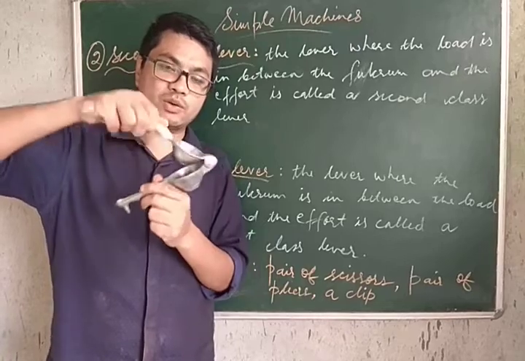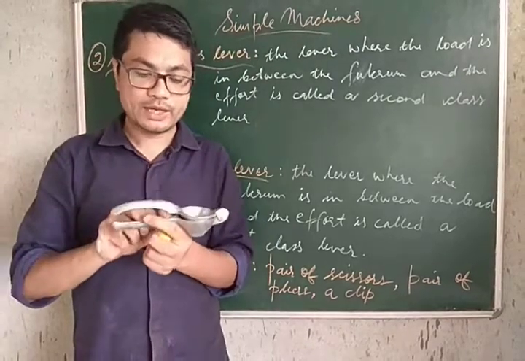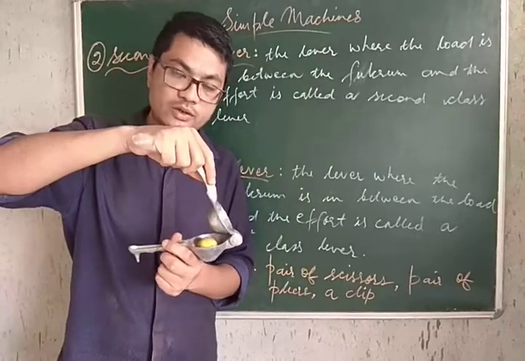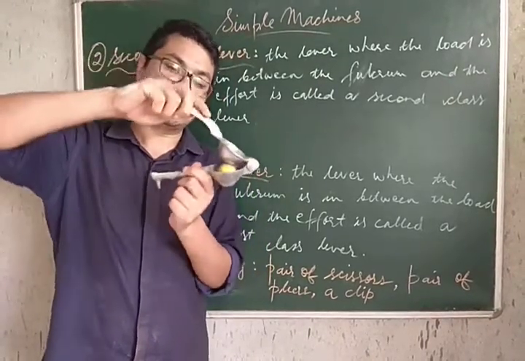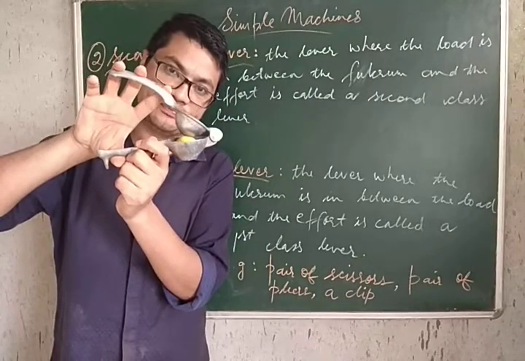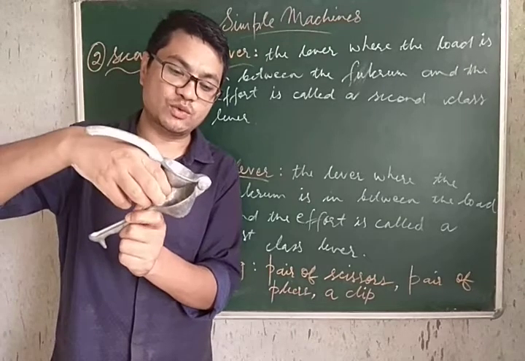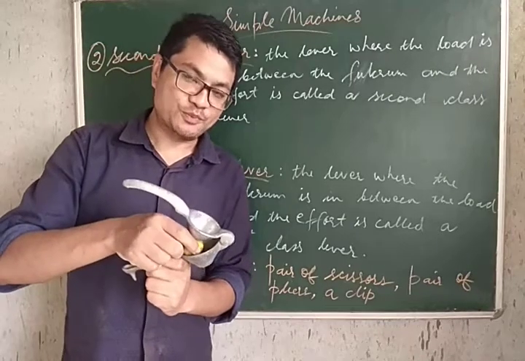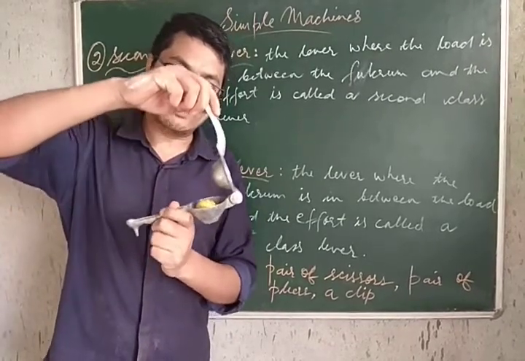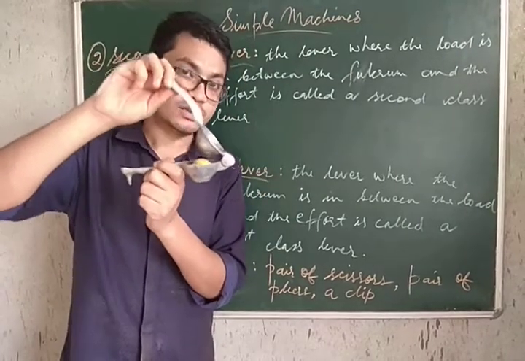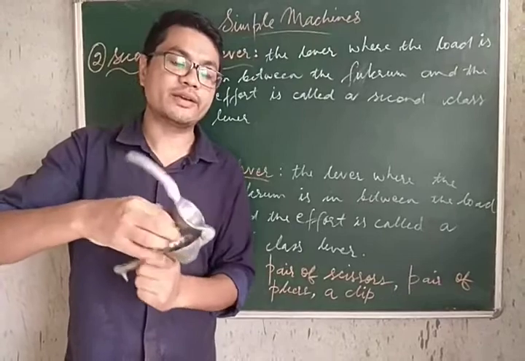And the lemon is the load, and here is where we apply the effort to squeeze the lemon. Since I need the lemon afterwards to make lemon juice, I'm not squeezing here. Anyway, the lemon is the load and we need to squeeze it, so the load is in between the fulcrum and the effort. So therefore the lemon squeezer or crusher is a second class lever.